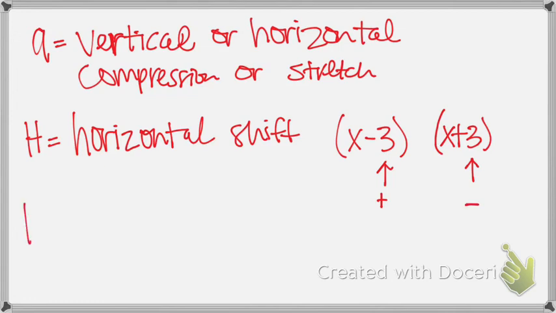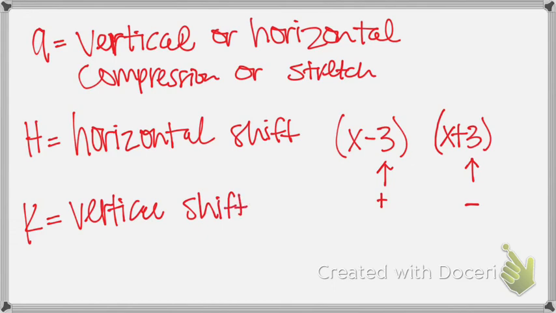All right, last one is the K value. Bonnie, what is the K value? Or it was the C value in the book. What kind of shift? Perfect. This is the easiest one. If the outside number is positive, it's going where, everybody?